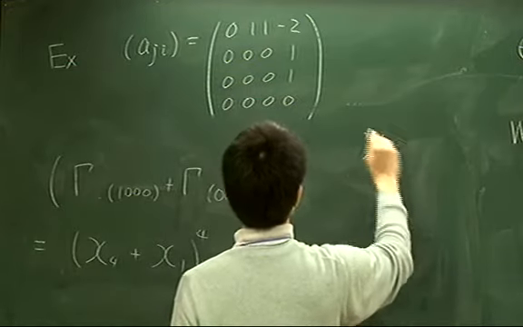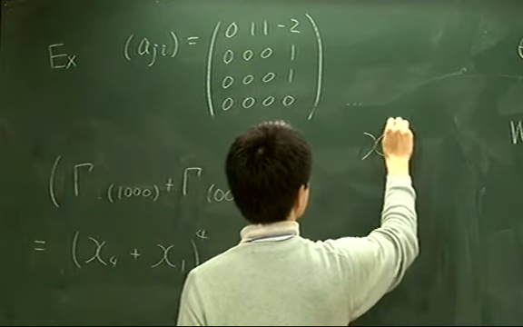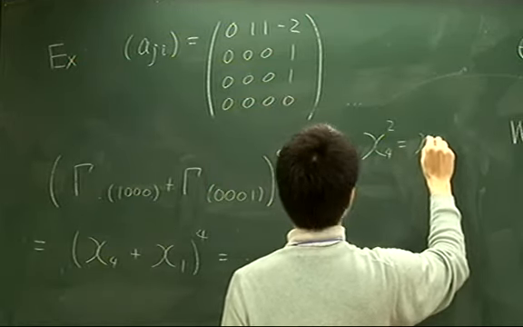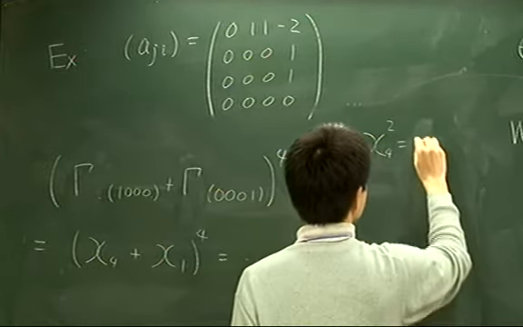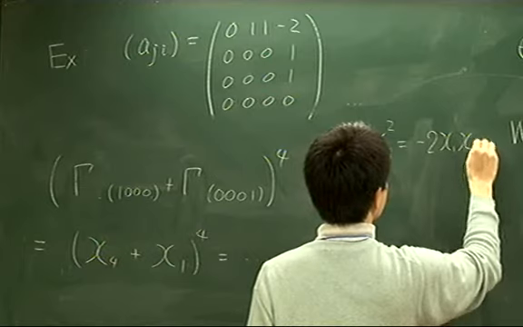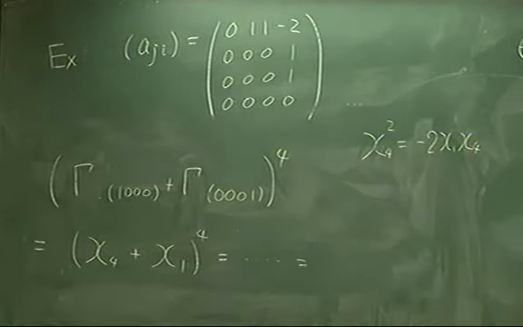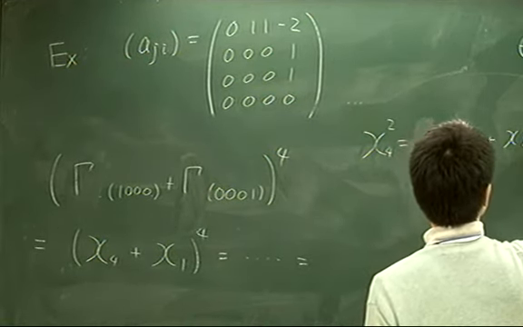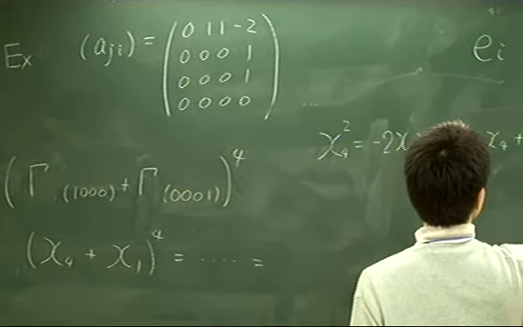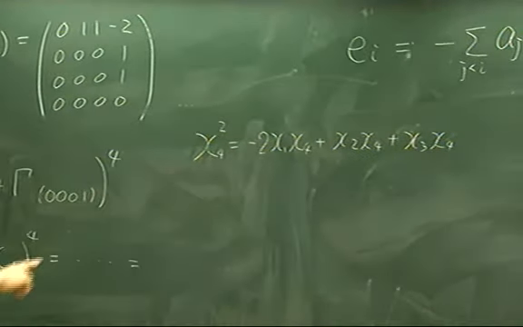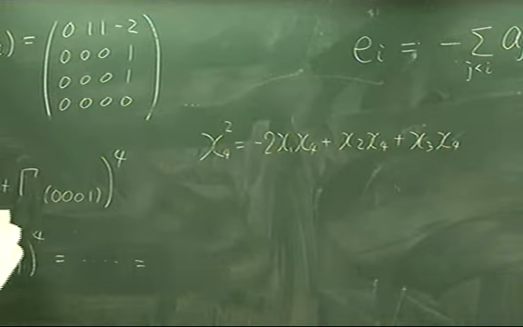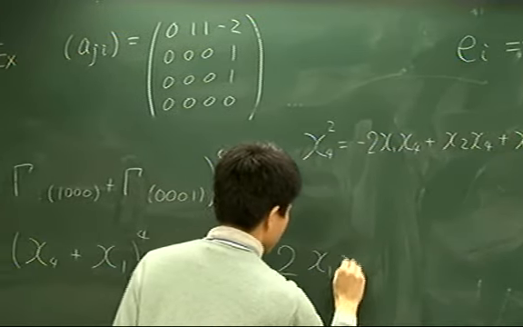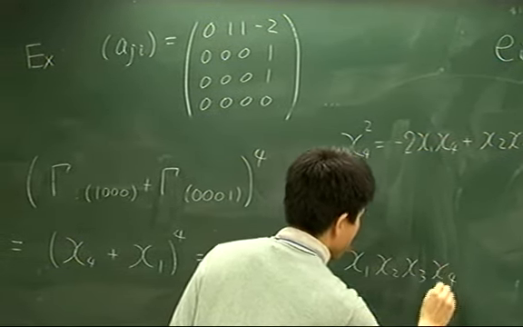For example, x4 squared is just x4 minus 2 times x1 x4 plus x2 x4 plus x3 x4. So using this kind of relation, we can explicitly compute to have 1, x2, x3, x4.